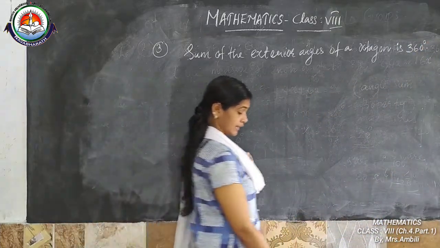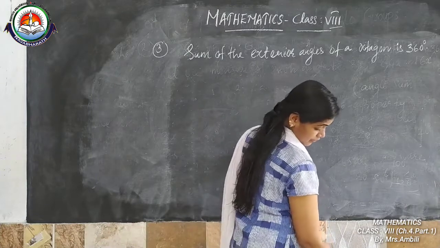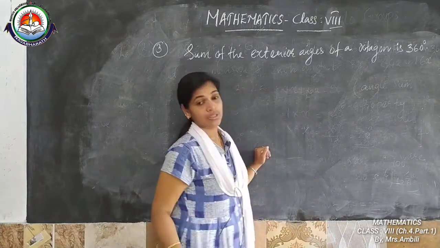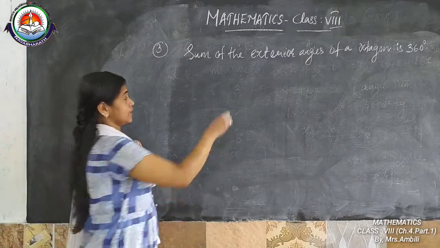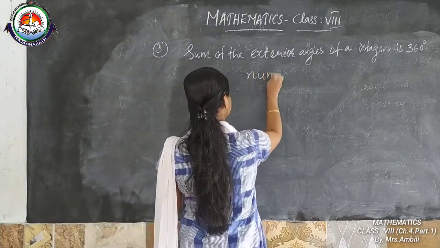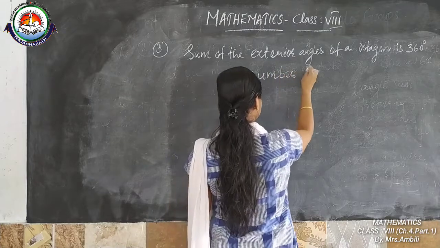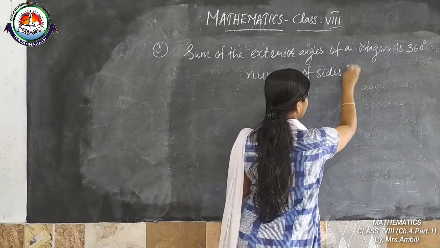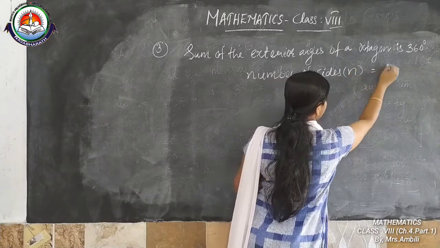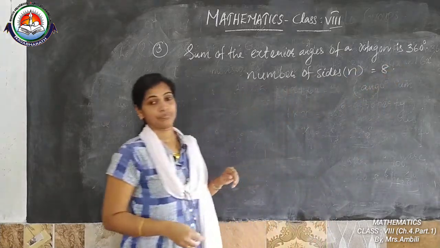Okay. So octagon means how many sides? 8 sides. Okay. Number of sides we can represent as N. N equal to 8. Okay.